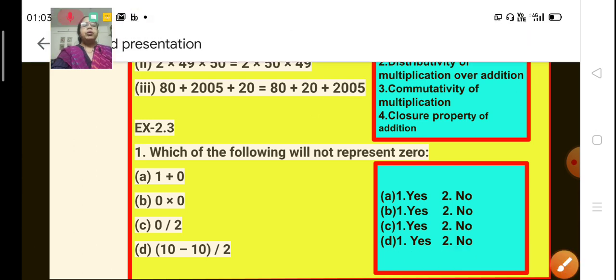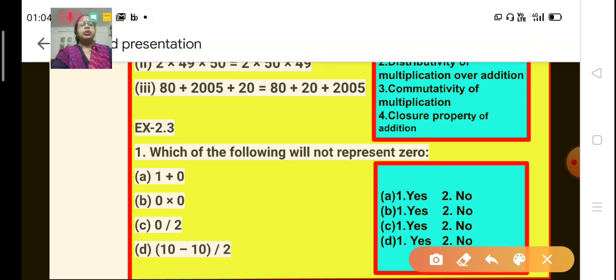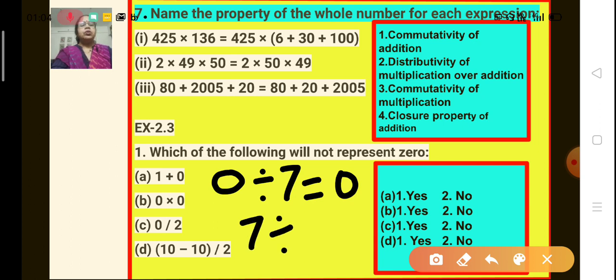Now the next problem we have is from exercise 2.3. Which of these do not represent 0? The properties of 0 are very important, isn't it? If 0 is divided by any number, what will be the result? 0 divided by any number, for suppose by 7, the result is 0. And if any number is divided by 0, what will be the result?